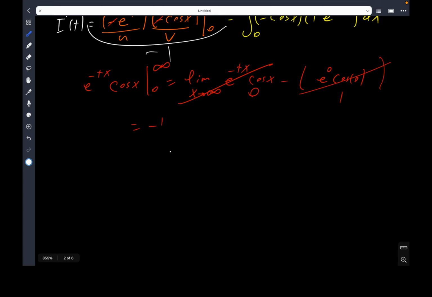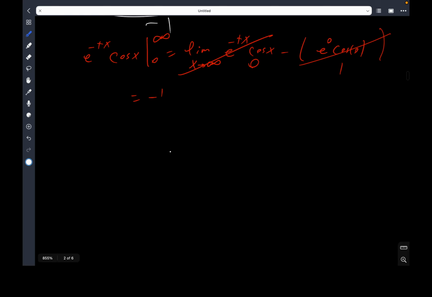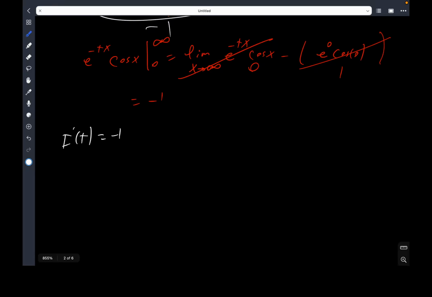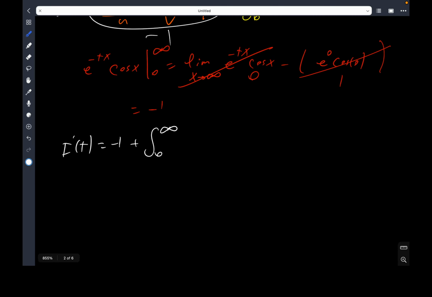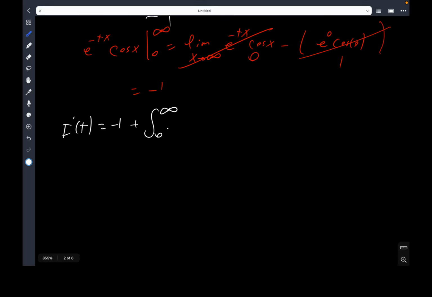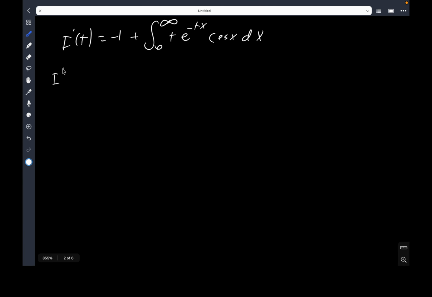So I can write, I prime of t is negative 1 plus the integral from 0 to infinity of t e to the negative tx cosine x dx. So I prime of t is negative 1 plus t, the integral from 0 to infinity of e to the negative tx cosine x dx.